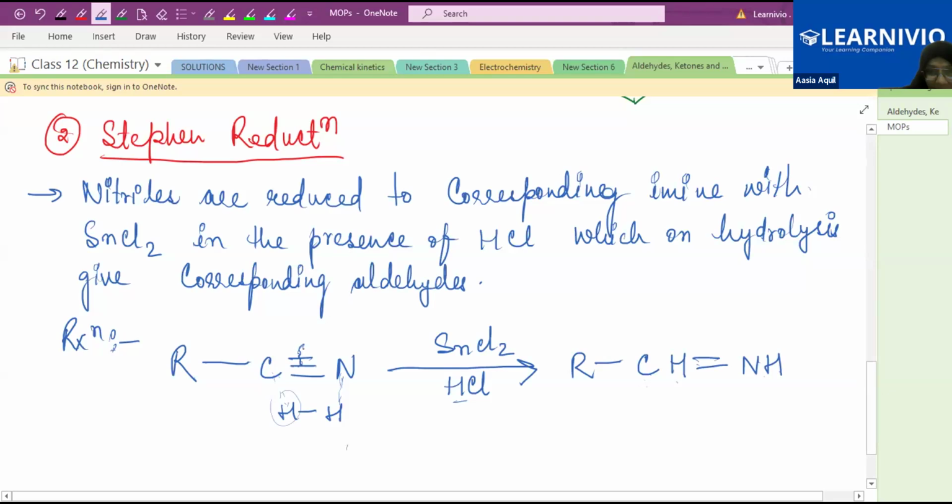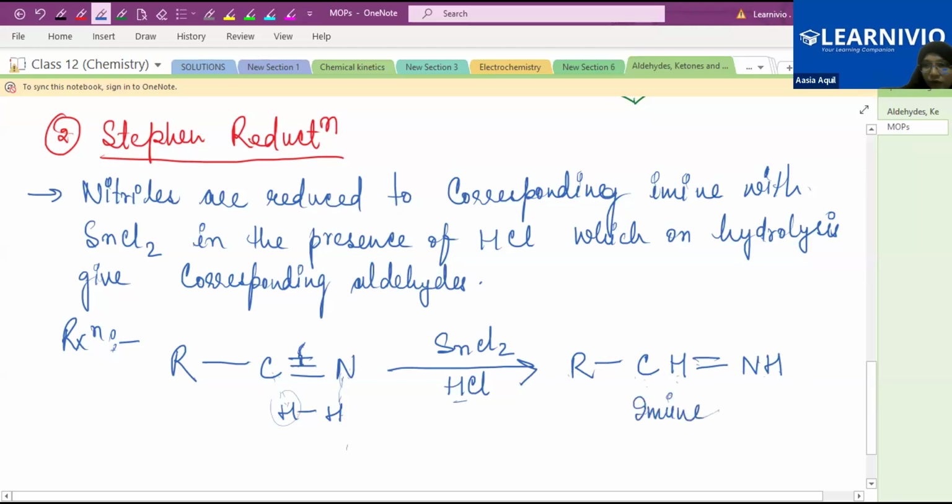So this pi bond will break, and one hydrogen goes with this nitrogen, and one hydrogen goes with this carbon. So you will get RCH double bond. Why double bond? Because this pi bond has been broken. And you will get CHNH. So CHNH, this is your imine.